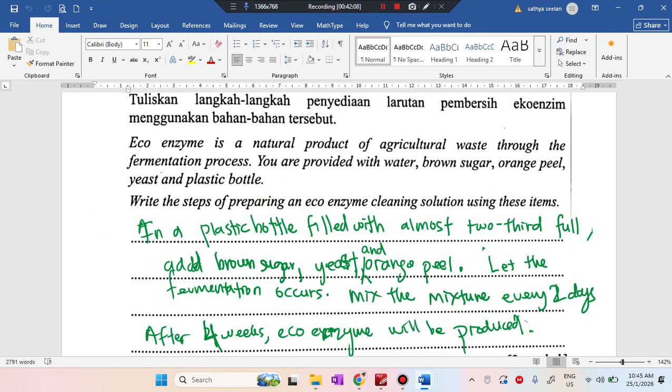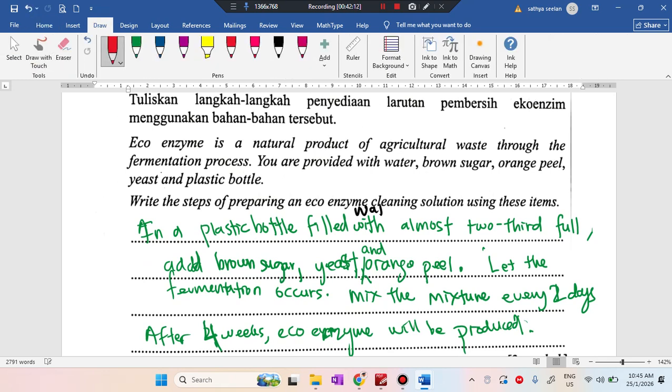Then you add on the brown sugar, yeast and orange peel, now it makes sense.